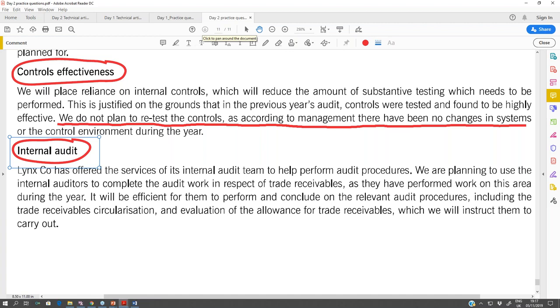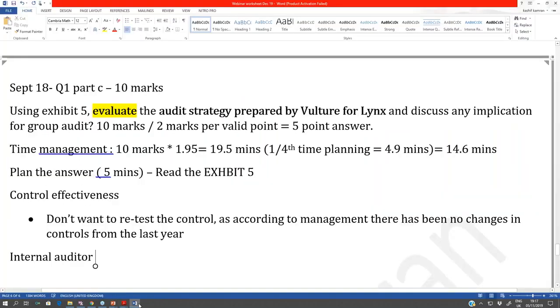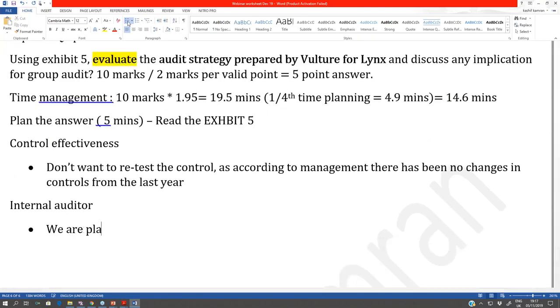So we are planning to use the internal auditor, but should something be done before we plan to use? That's another problem. We are planning to use the work of the internal auditor, but there is something missing here, right?